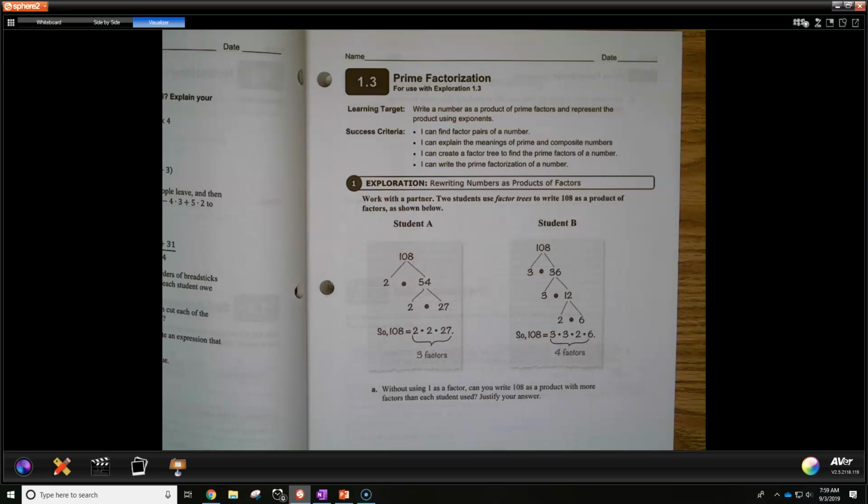First table group to show me a factor tree breaking 108 down to 5 factors, and everyone in your group understands how a factor tree works, wins the links box. Okay? Remember, this is not just work on your own. You may talk as much as you need. If you don't understand it, listen to someone that is understanding. Okay, ready, begin.